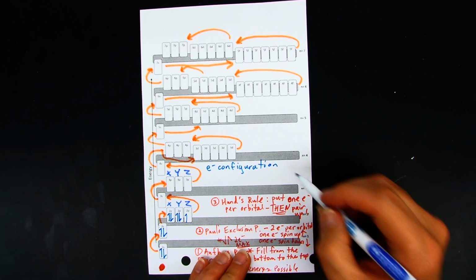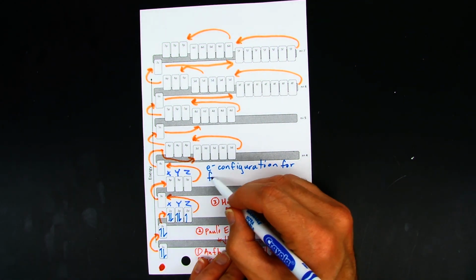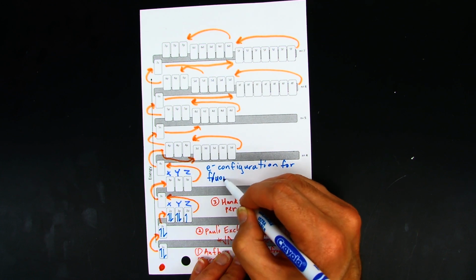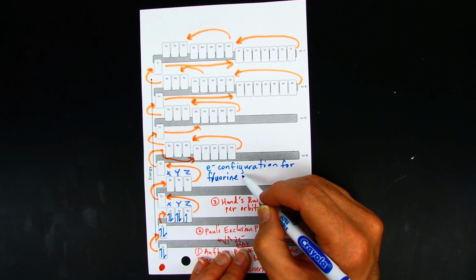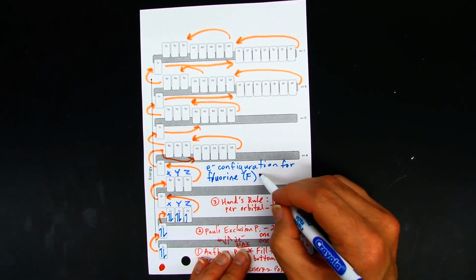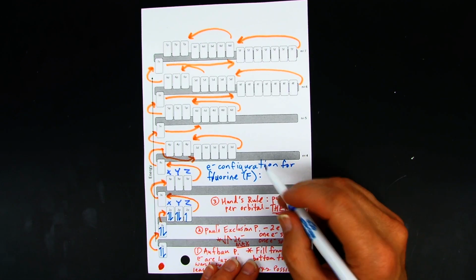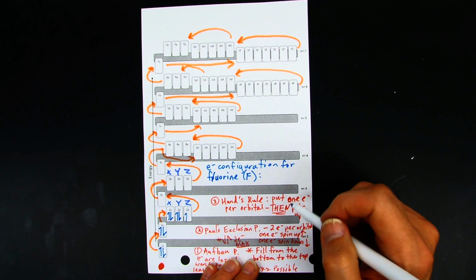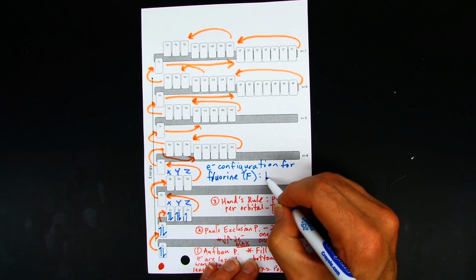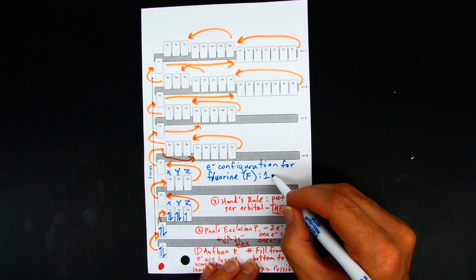The electron configuration for fluorine, F, we have 9 electrons. So here we go. Start down here. We have 1s, start with the 1s.